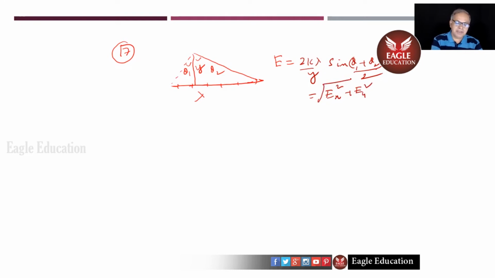Okay. Then 18, I'll add a few more things, which I did like problems because you can use them directly. If this is theta naught, and the radius is r, lambda is the charge density. What is E at the center?